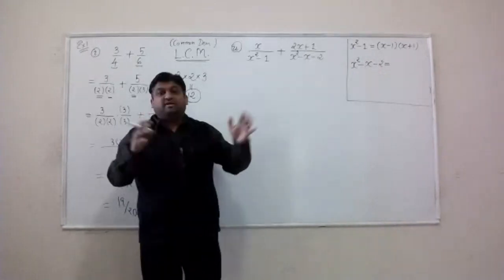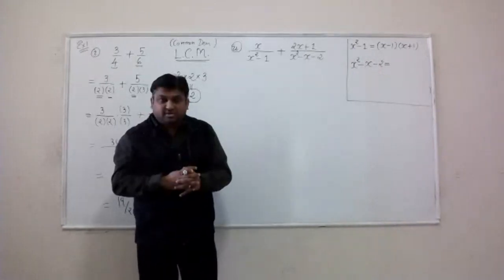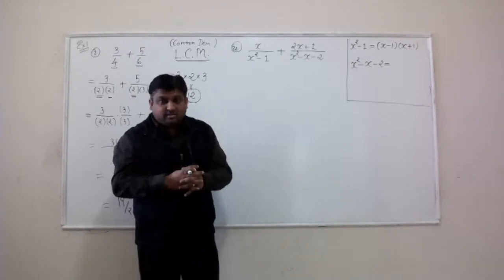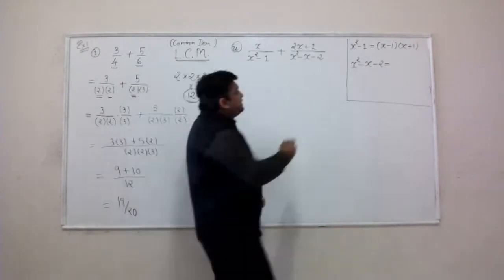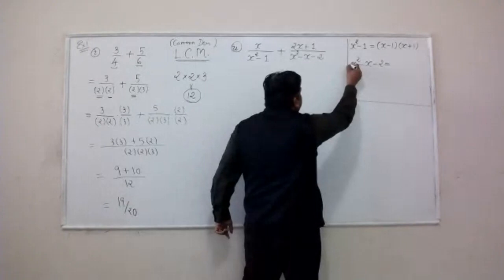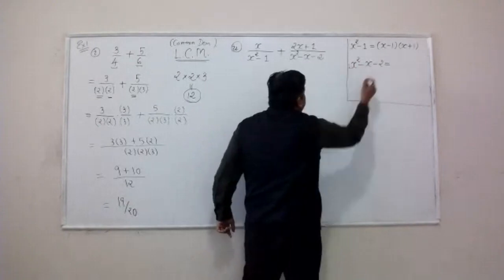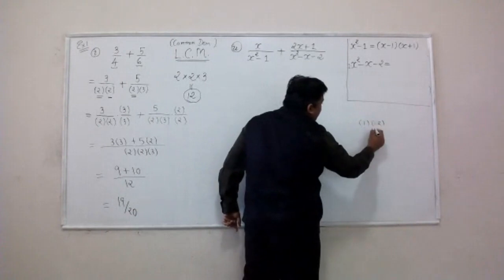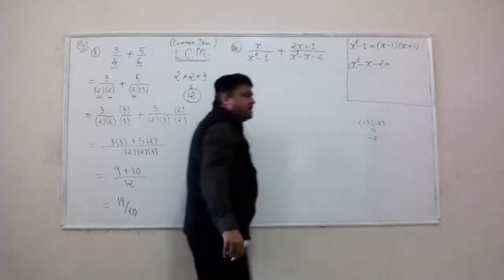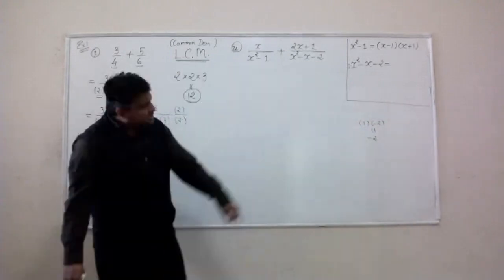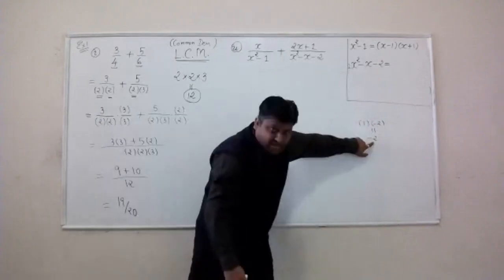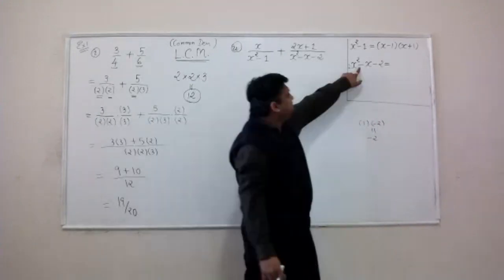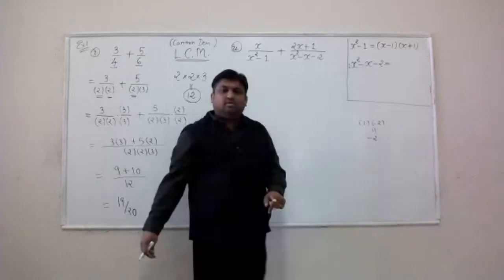So I must try that trinomial factorization method that we learned in the last lecture, right? The leading coefficient is 1, the constant term is negative 2. The product of 1 and negative 2 is going to be negative 2. Now the question is this: do we know any factors of negative 2 whose sum is negative 1?